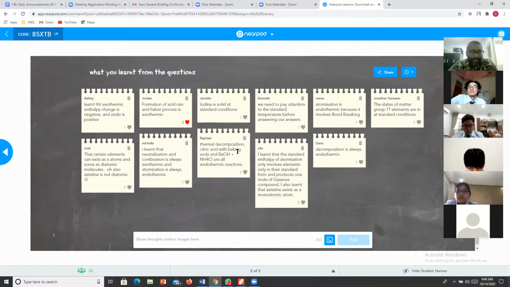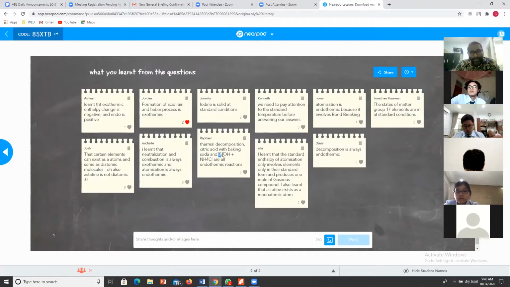Good. I learned that neutralization and combustion are always exothermic and atomization is always endothermic. Rafael mentioned thermal decomposition, also citric acid and baking soda.